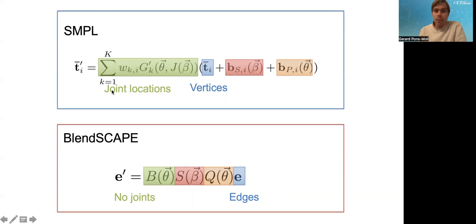In the SMPL model, we have this linear blend skinning, where it's clear that the joints are necessary to rotate along the kinematic chain of the body. Whereas here, there is no such skeleton. So these are the main differences: no joints in the BlendSCAPE model, and this is a multiplicative model, whereas this is an additive model.